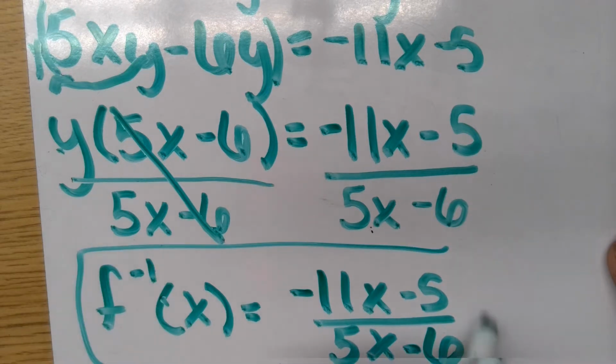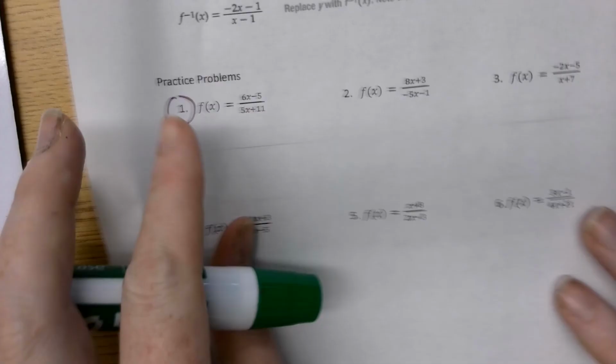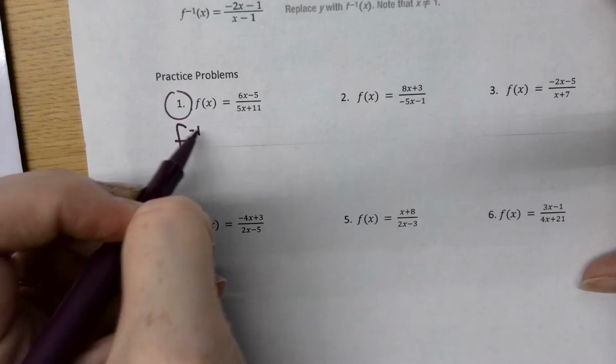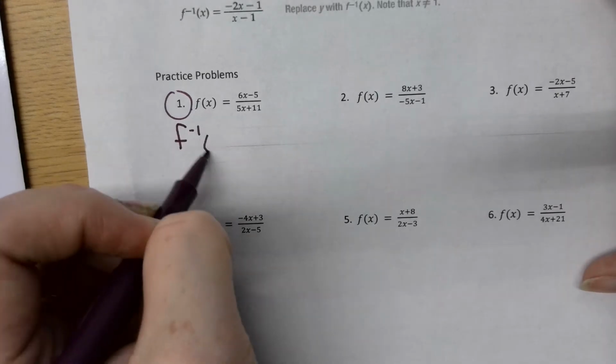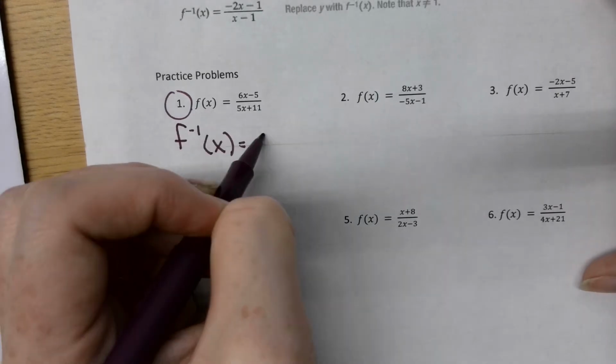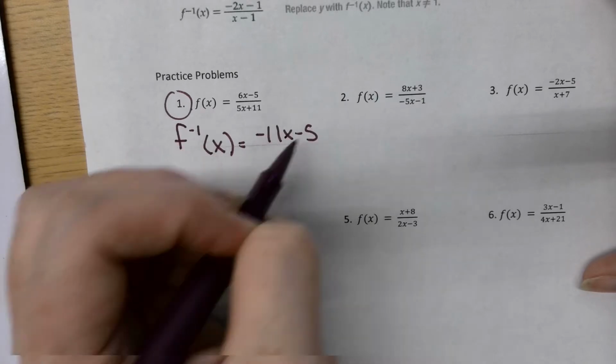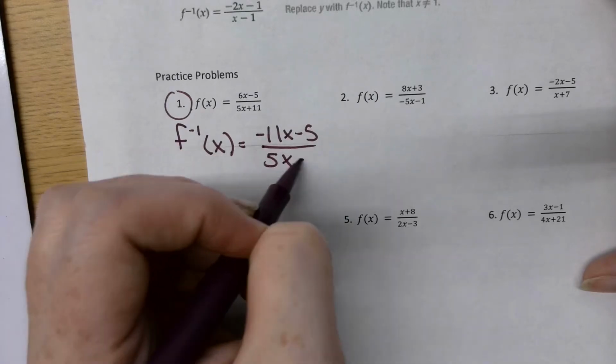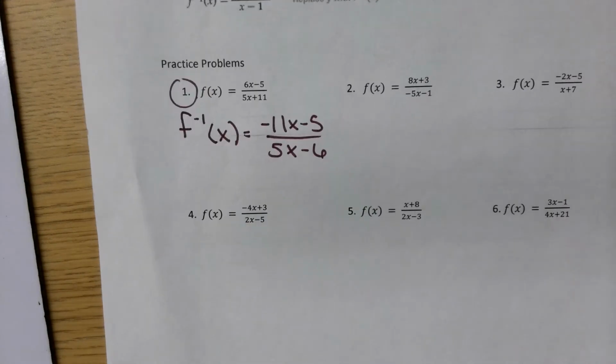And that would be my answer. So I'm going to go ahead and put it on my sheet. f negative 1 of x, don't forget that inverse notation, equals negative 11x minus 5 all over 5x minus 6. And that would be the answer for that one.